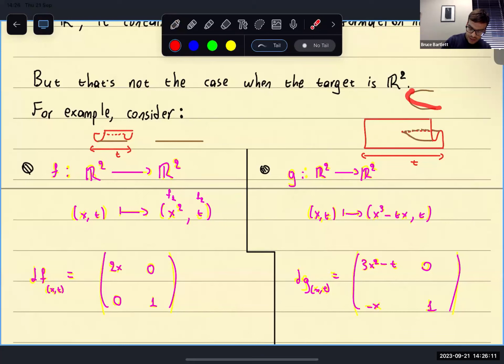When you restrict to this parabola, the function takes a form where you can see that the differential is going to drop rank at this point. You can draw at each point the direction in which you drop rank. On the left-hand side the direction would be perpendicular to that brown line. On the right-hand side it will also be vertical, but that will be tangent to the brown line at that point.